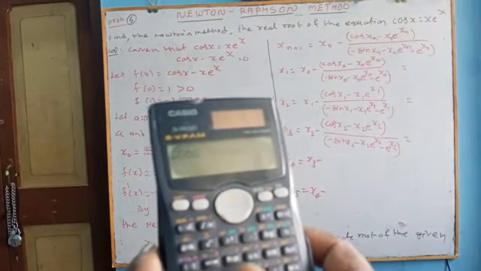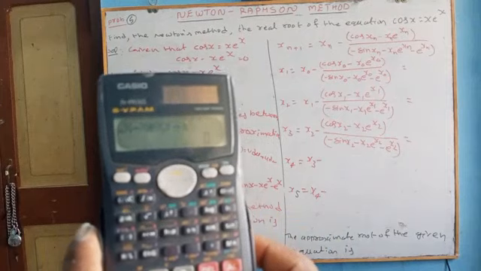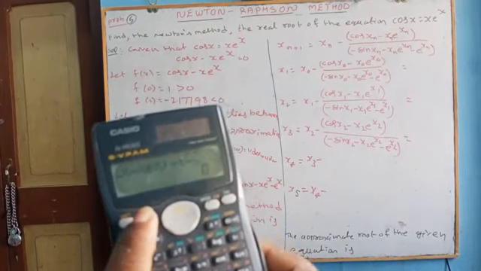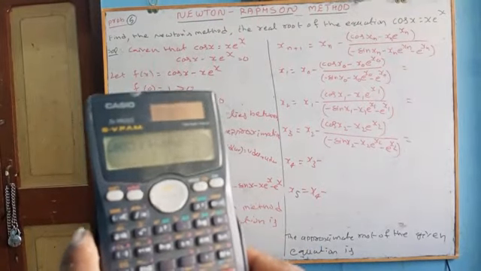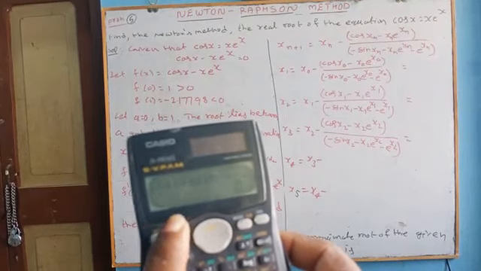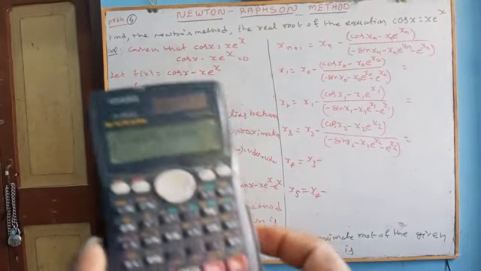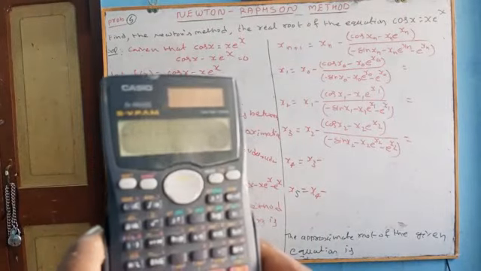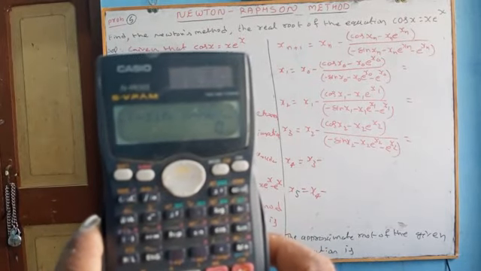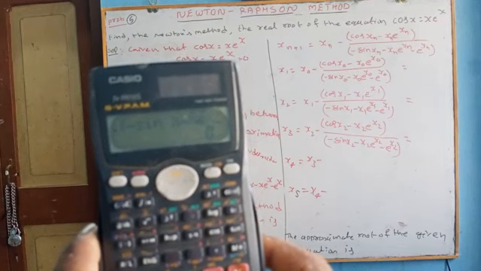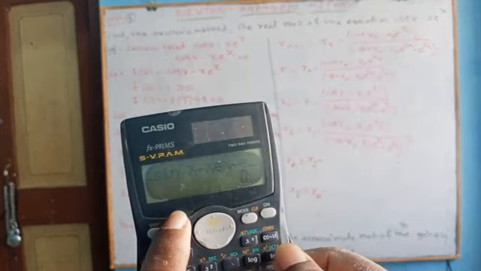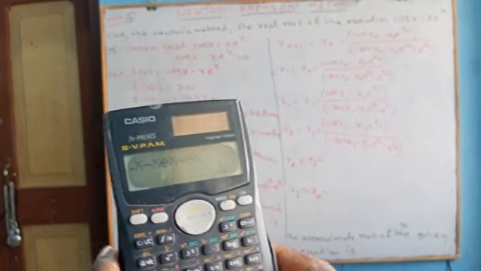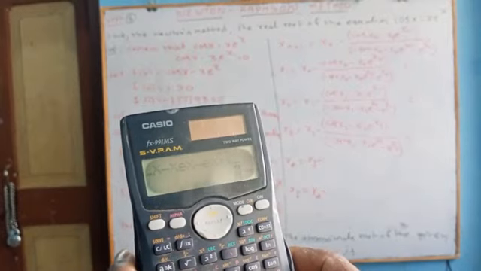Bracket close for the numerator and divided by, again open the bracket for denominator. What is the denominator? Minus sin x minus x e power x minus, again minus e power x. Bracket close for the denominator and bracket close for the entire fraction.